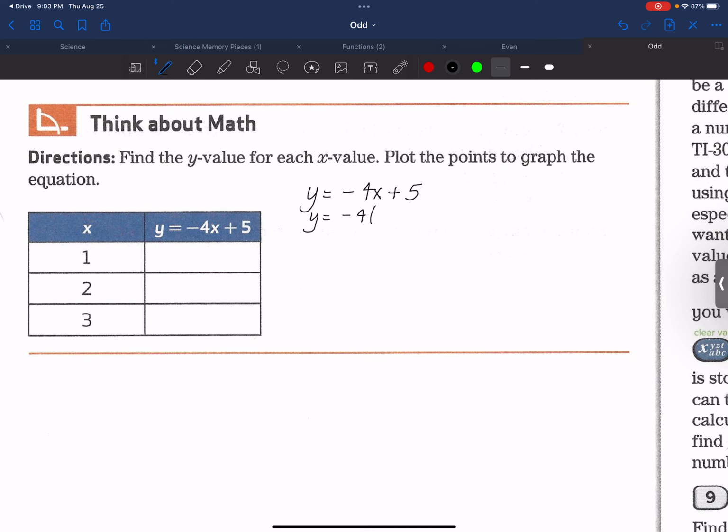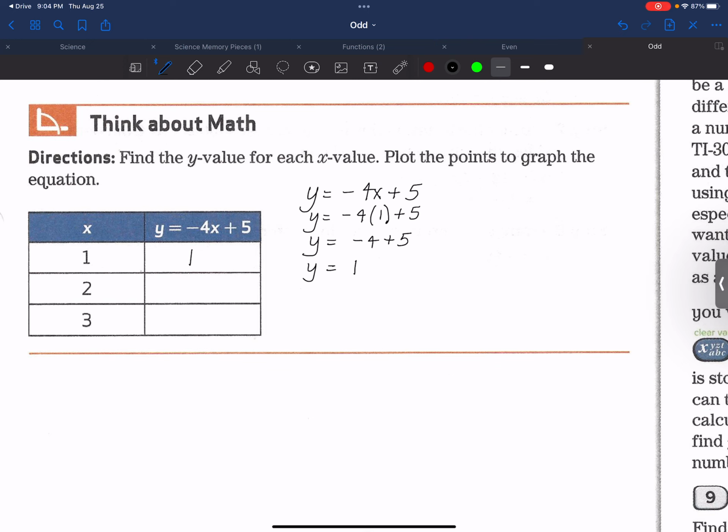So I'm going to say when x is 1, y is going to be negative 4 plus 5. Y is positive 1. So when x is 1, y is 1.